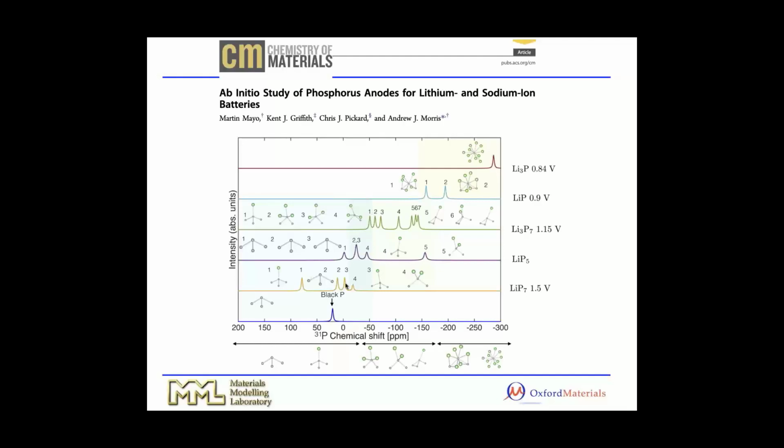And you can see the general trend, which is that the chemical shift moves to more negative values. Okay, so this starts to give you a kind of fingerprint, a way of interpreting what you might see as you, for example, did discharge experiments on these phosphorus anodes.